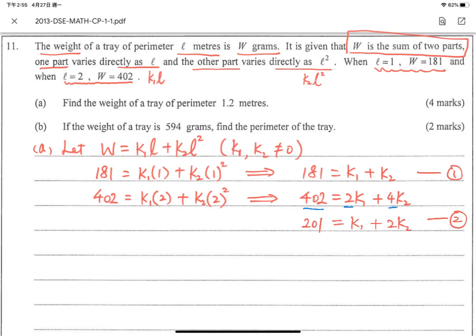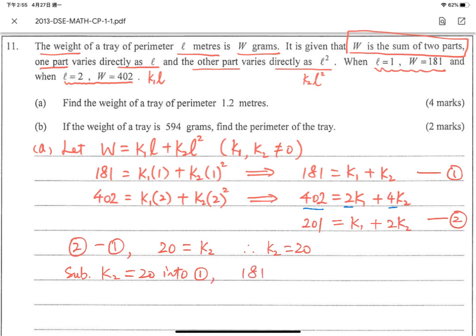Now you can use equation 2 subtract equation 1. So 201 minus 181 gives you 20 on the left hand side. Right hand side, K1 minus K1 is 0, 2K2 minus 1K2 is 1K2. So therefore K2 equal to 20. Now you can substitute K2 equal to 20 into the first one, which is simpler.